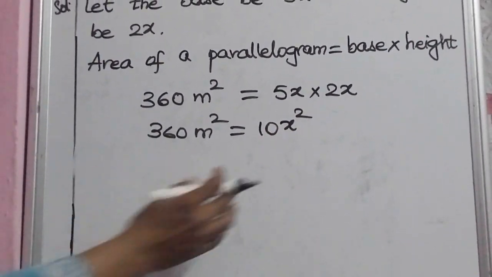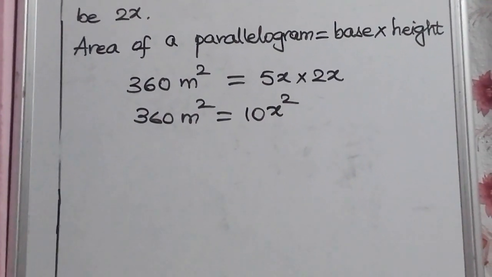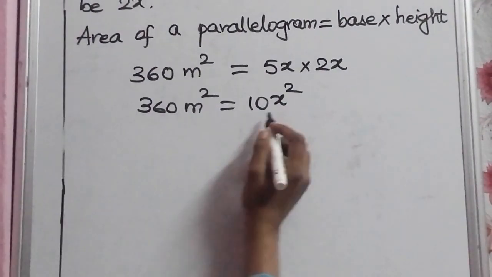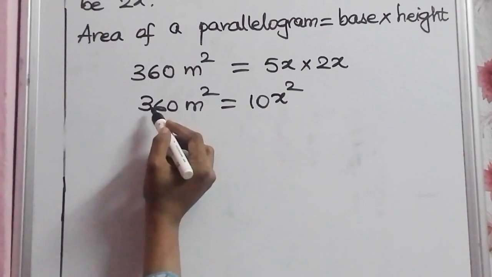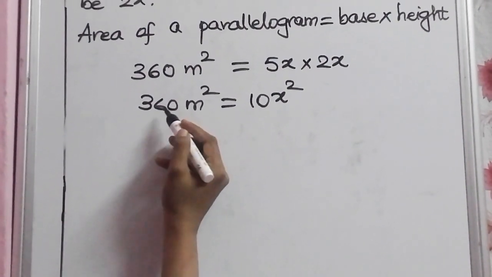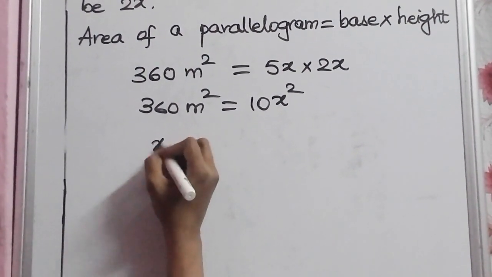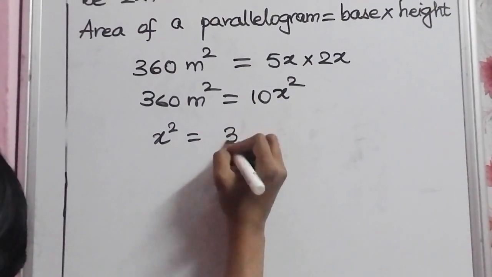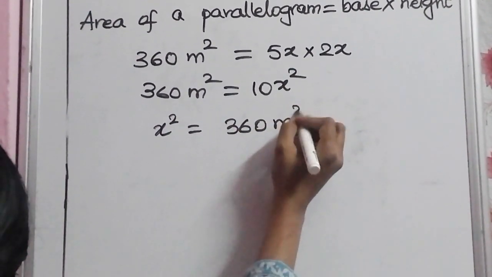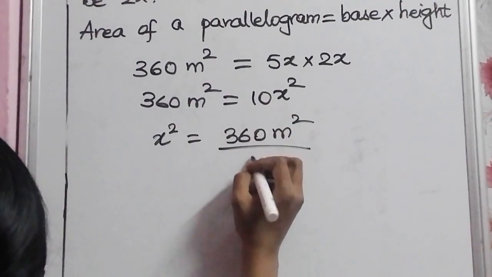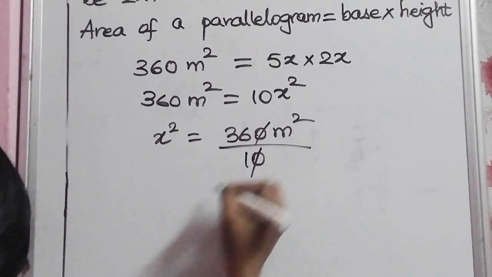Now we are going to find out the value of x. So here multiplication, when it goes to the other side, it becomes division. So x square is equal to 360 meter square divided by 10. 0 and 0 get cancelled.